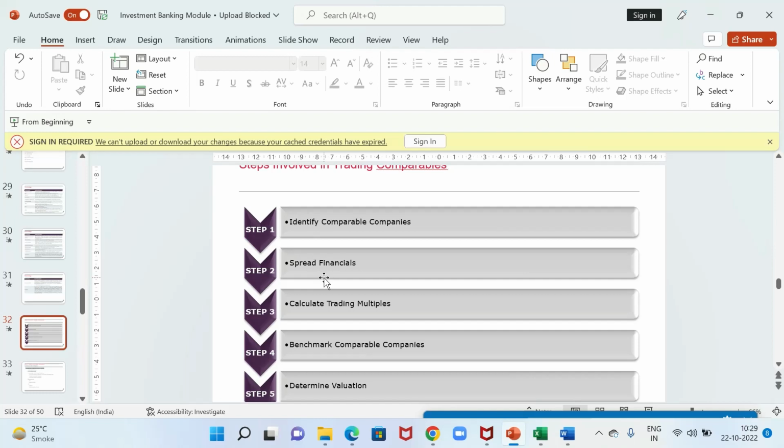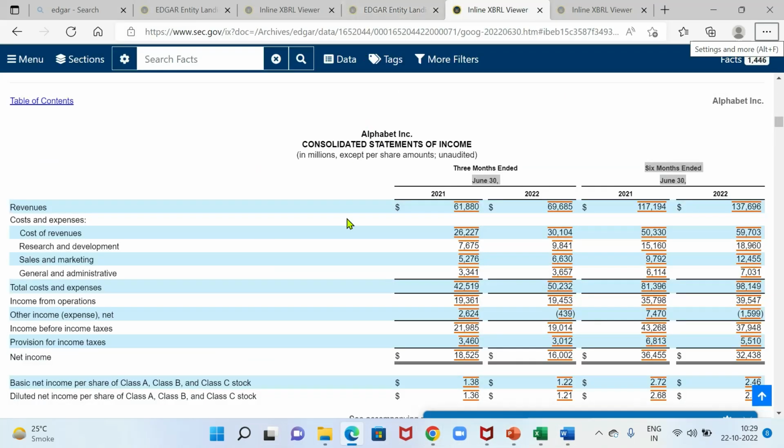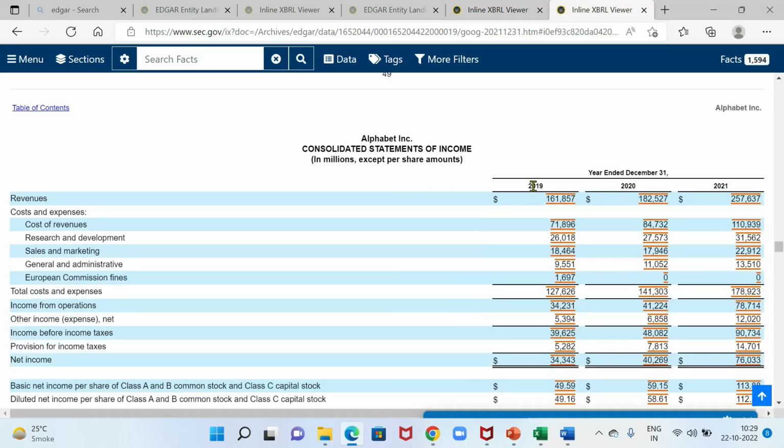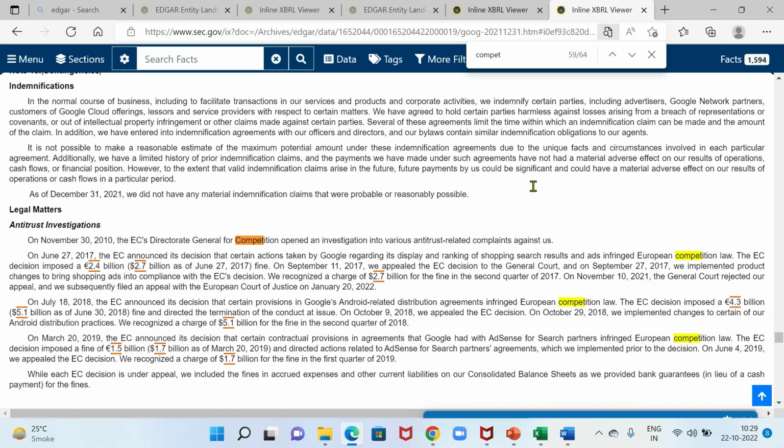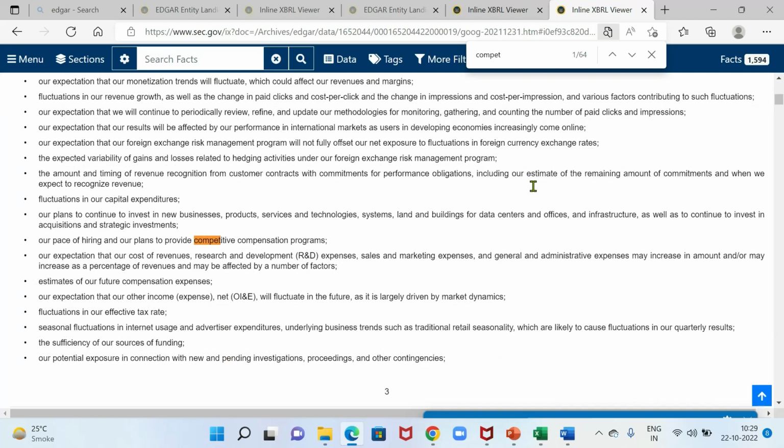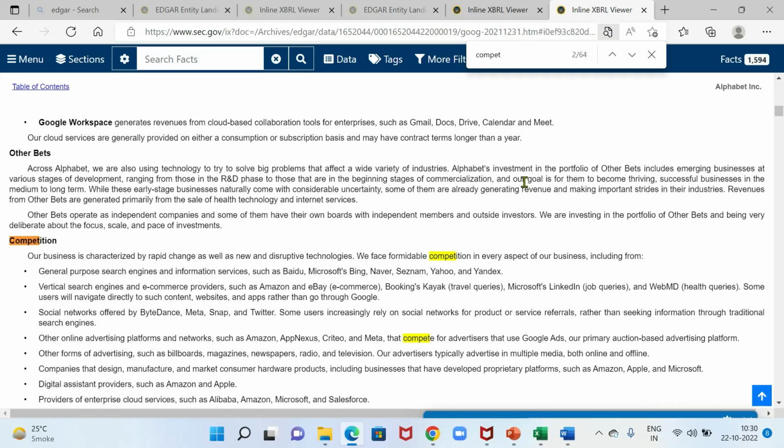Suppose I don't have access to a database, I'll go through the first 10K. Understand if there are any peers mentioned. See, getting it.